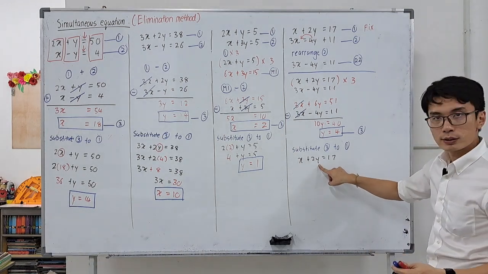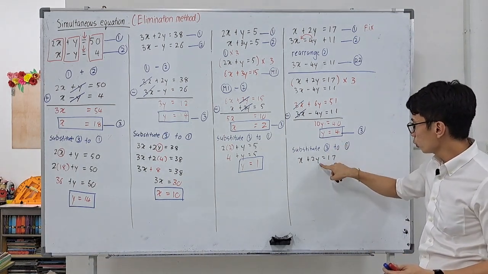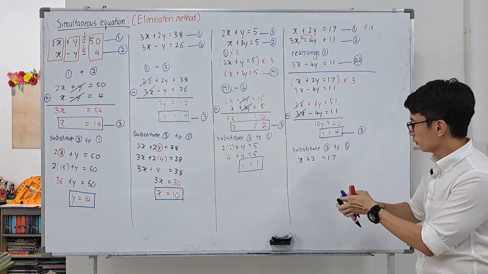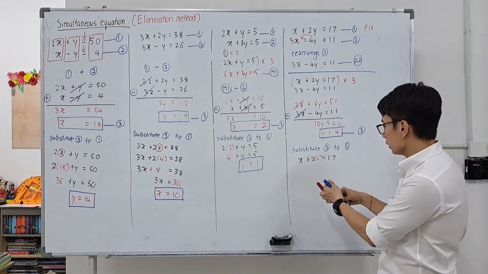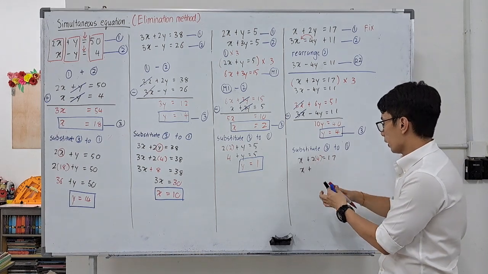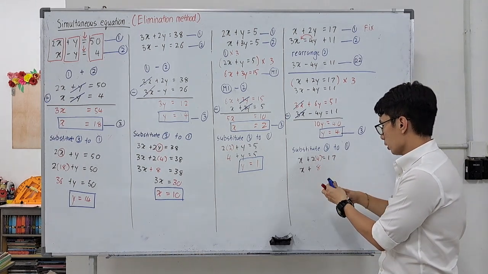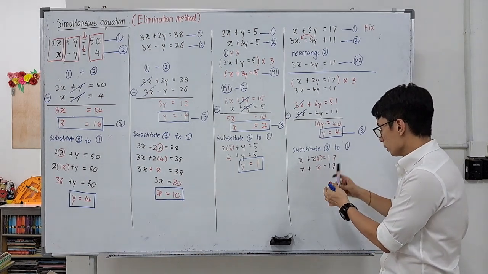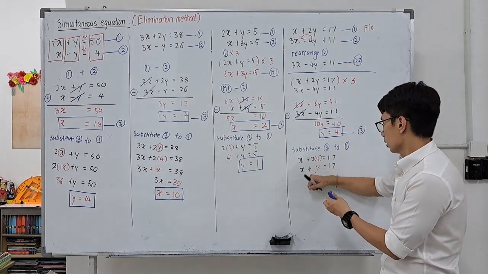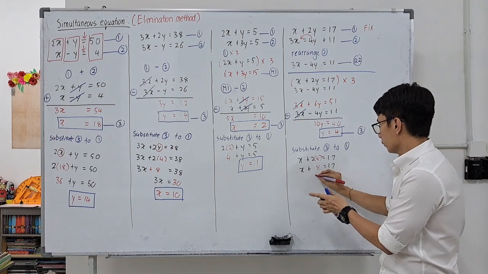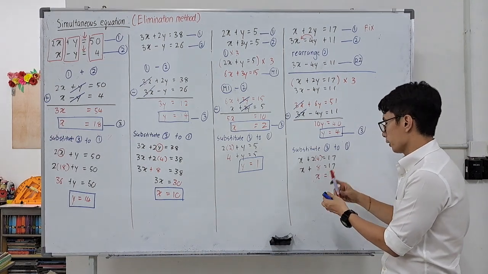By now you should understand, this y will become 4. So that's going to be x plus 8 equals to 17. When you subtract 8 on both sides, you should get x equals to 9.